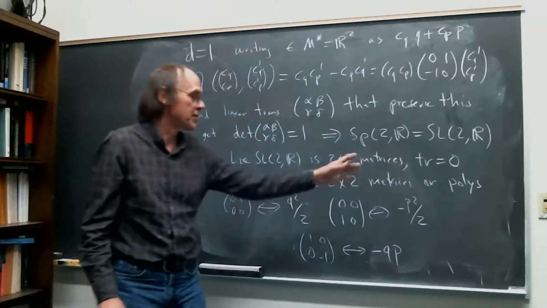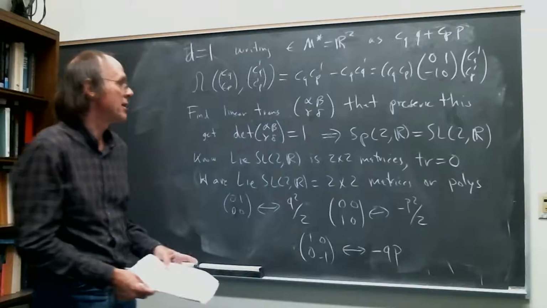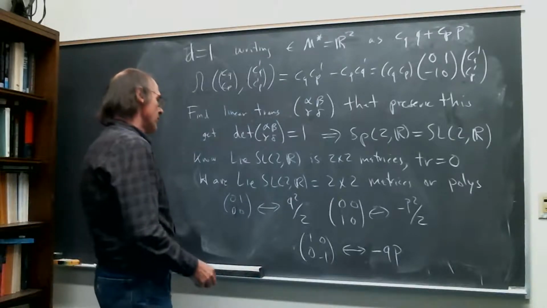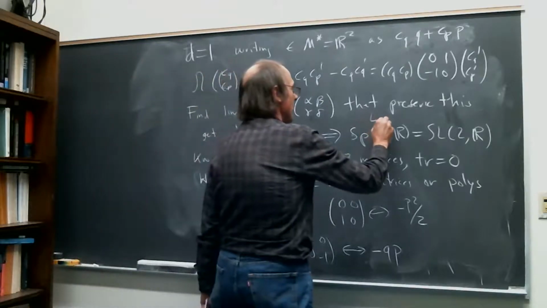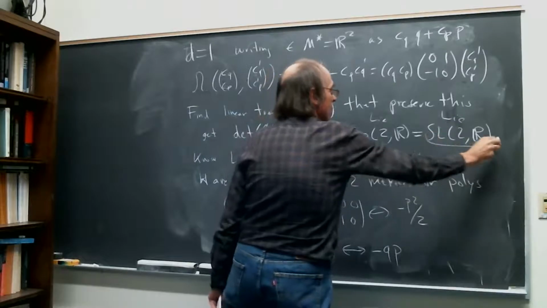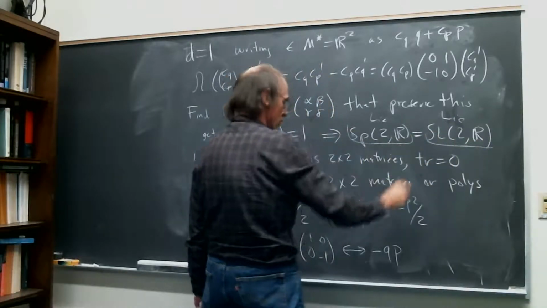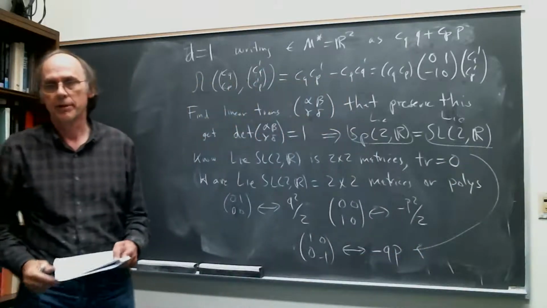If you identify these two bases, you get an isomorphism of Lie algebras. So what I'm showing here is that these are the same thing: if you think of one as matrices and the other as quadratic polynomials, they are identified.